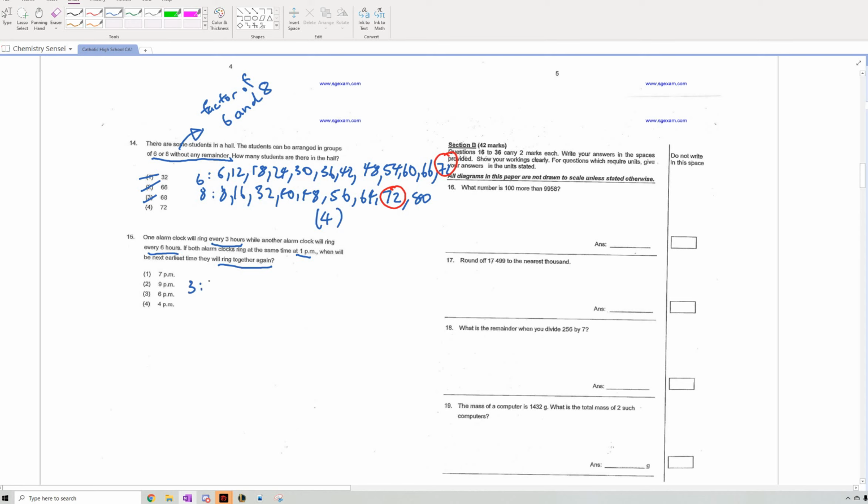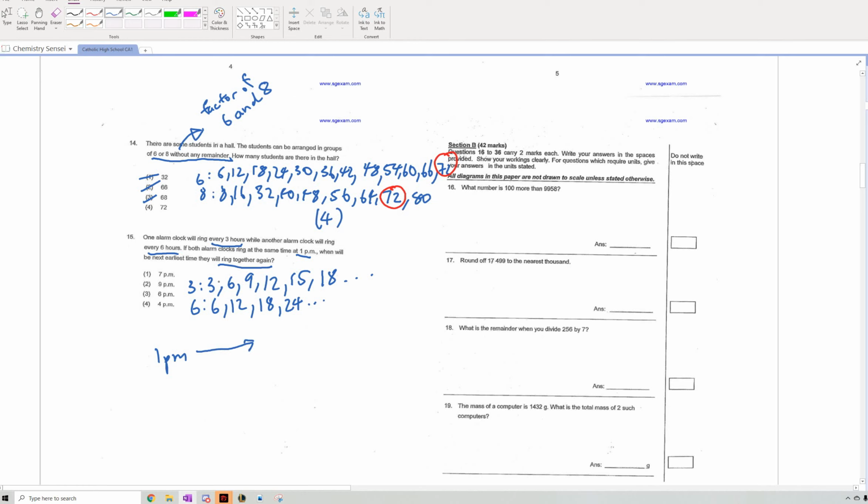So every 3, 6, 9, 12, 15, 18, and so on. Every 6 suggests that it has a multiple of 6. So we have 6, 12, 18, 24, and so on. So we start at 1 p.m. How many hours later will they both ring together?